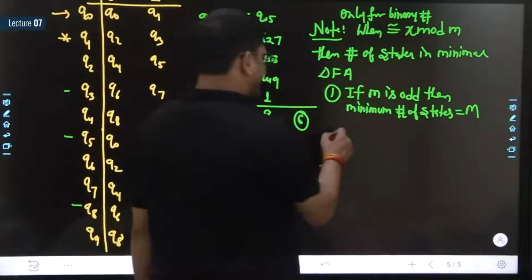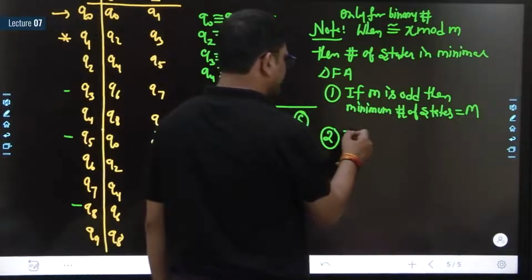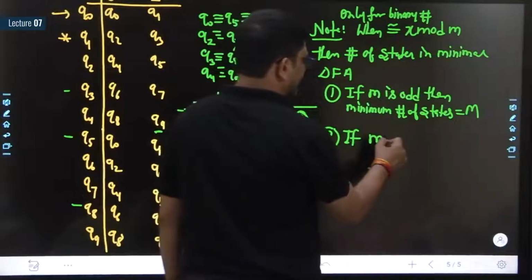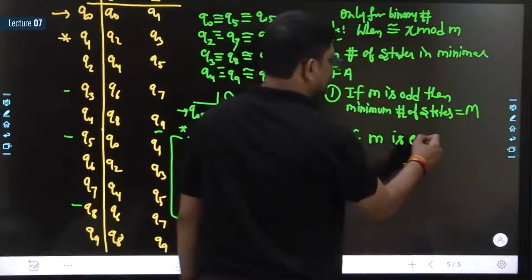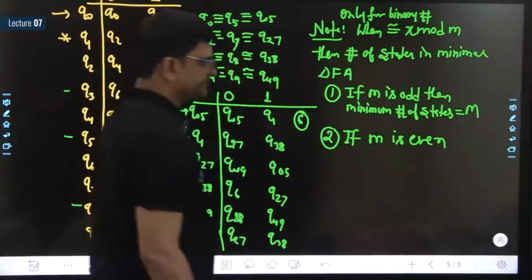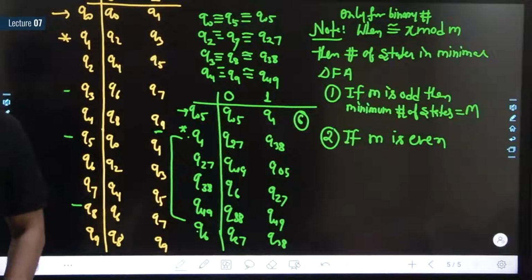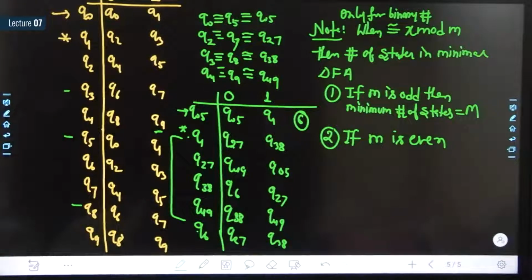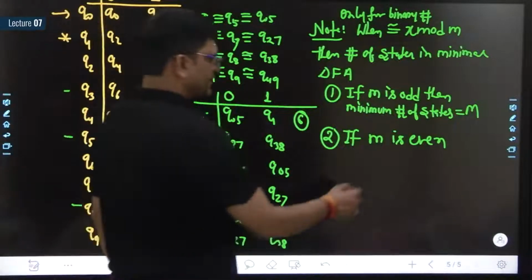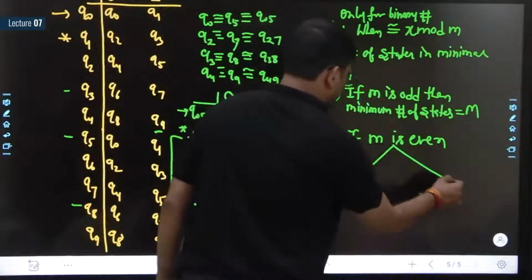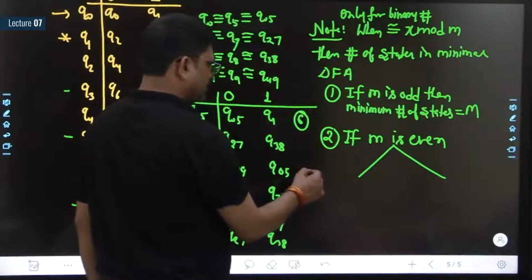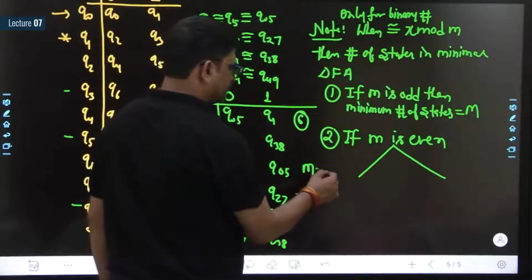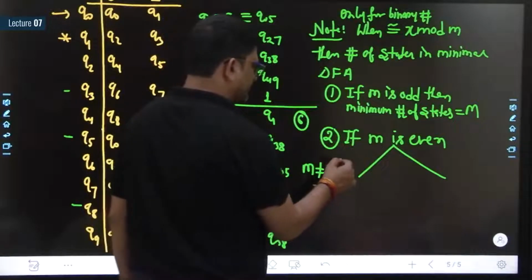If M is even, then there are two possibilities. The first one is M not equal to a power of 2.